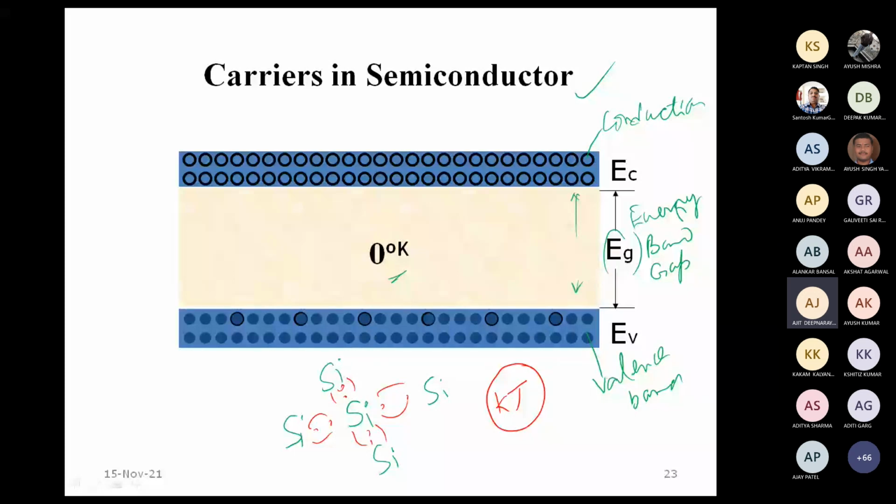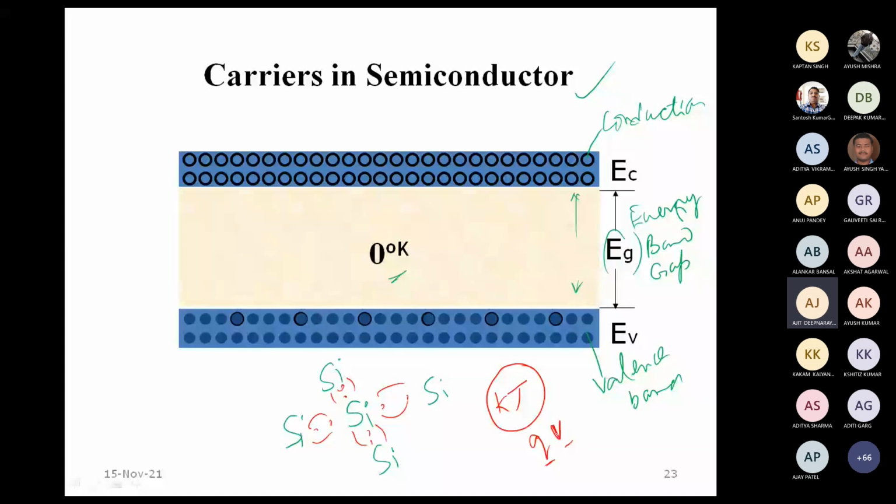One more thing we can see is the energy of the electron. Suppose the energy of the electron is given by qV, where q is the charge of the electron and V is the potential difference in which this electron is put.